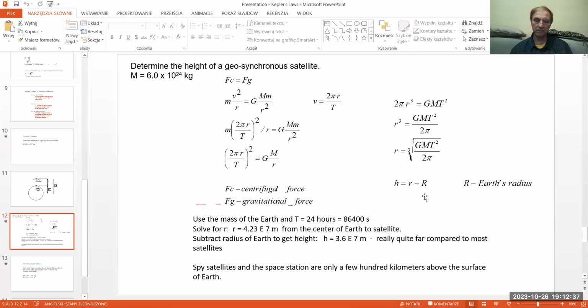So the final step would be to take the right-hand side of this equation and substitute lowercase letter r over here. By this means, you get your unknown h, which is the height at which the satellite is located above the Earth surface.